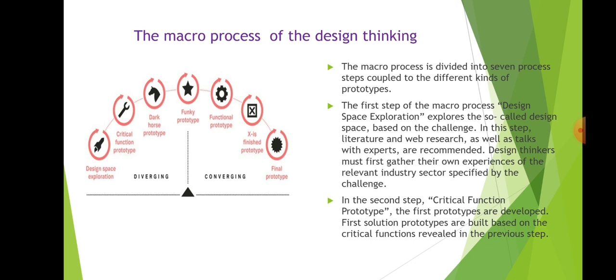Design thinkers must first gather their own experiences of the relevant industry sector specified by the challenge. The second step, critical function prototype. The first prototypes are developed. First solution prototypes are built based on the critical functions revealed in the previous step.